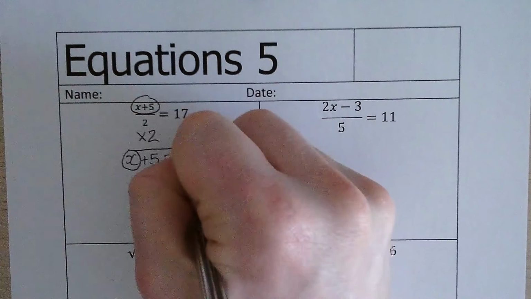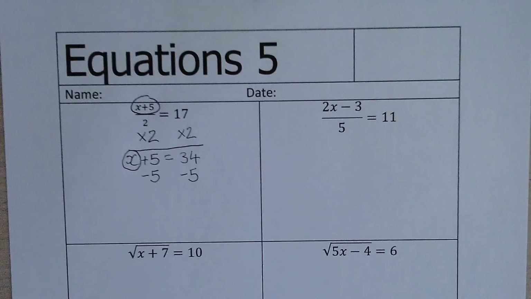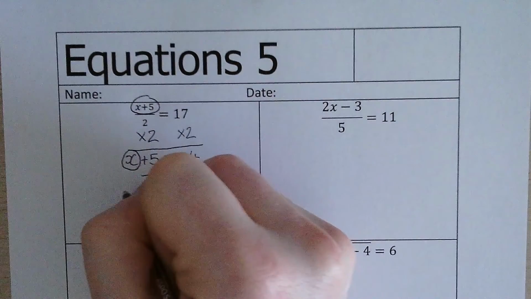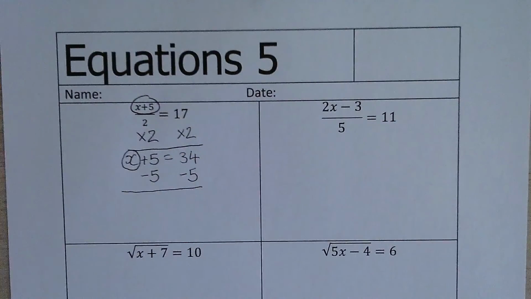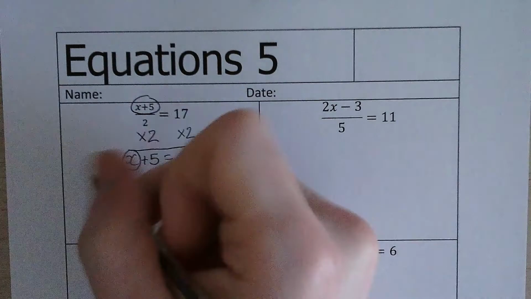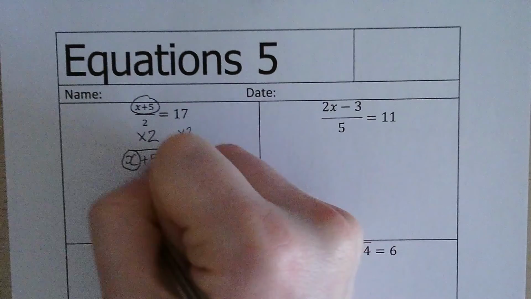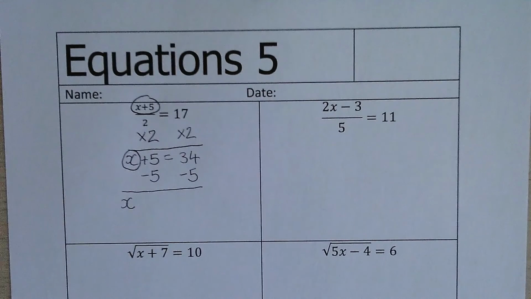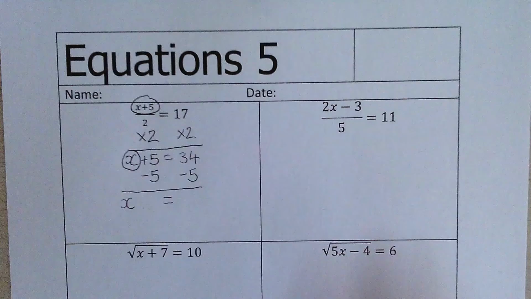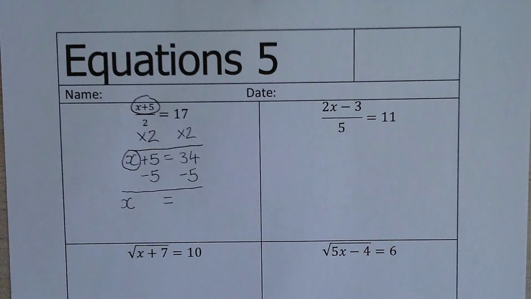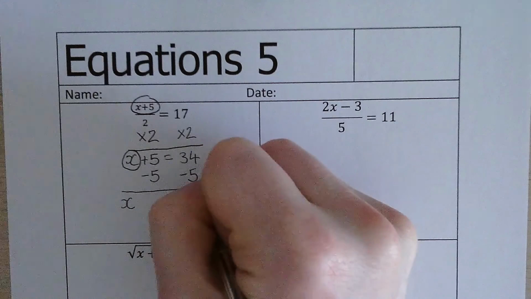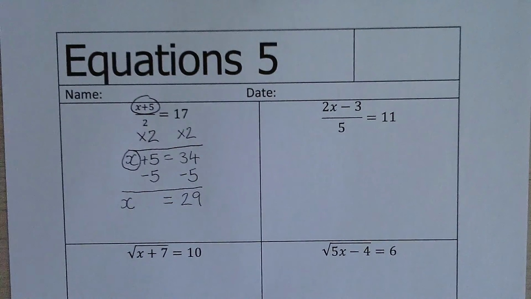So minus 5 is also going to go underneath 34. And if we draw a line underneath that, x will drop down by itself because there's nothing underneath it to change it. Plus 5 and take away 5 cancel each other out. The equal sign will drop down, and 34 take away 5 equals 29. So our final answer for this question is x = 29.